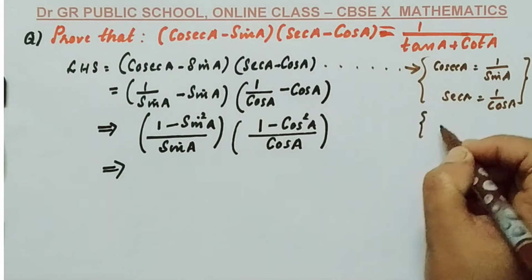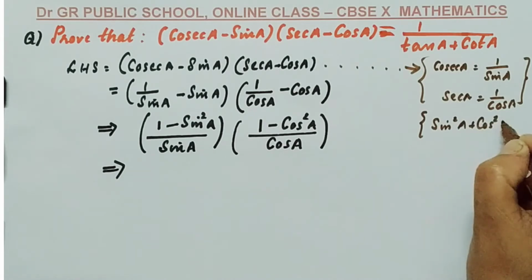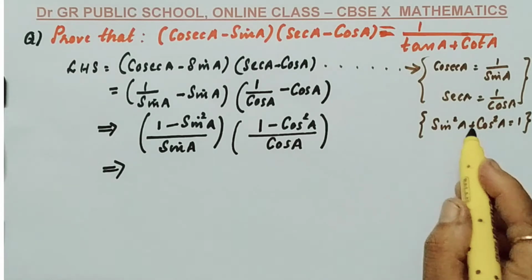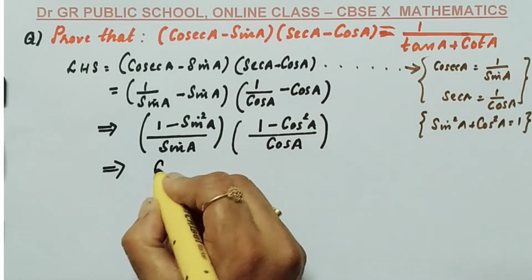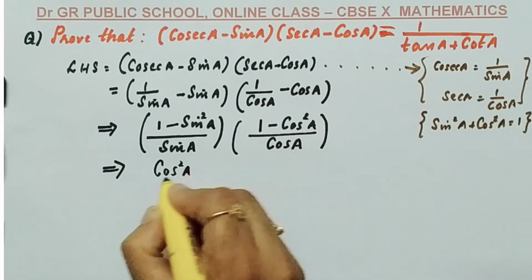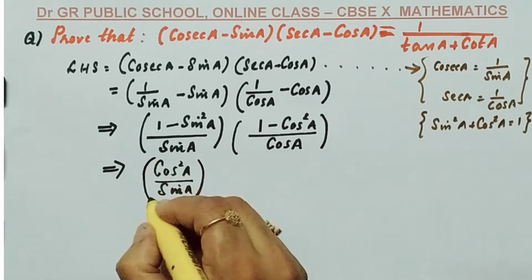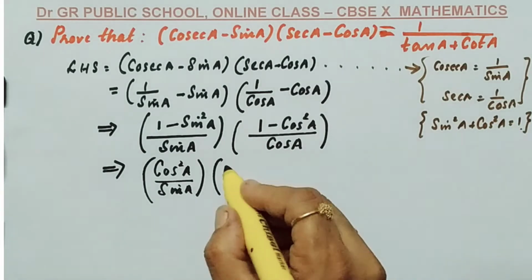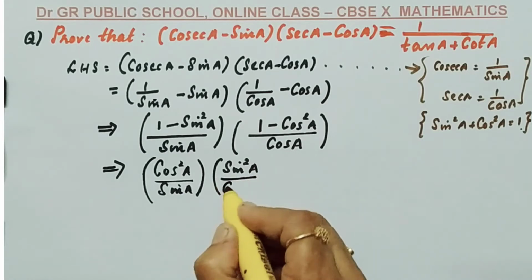Again apply the identity, sin square A plus cos square A equals 1. So 1 minus sin square A can be replaced as cos square A by sin A. This is the first bracket, into the second bracket, 1 minus cos square A, which can be replaced with sin square A, the whole divided by cos A.